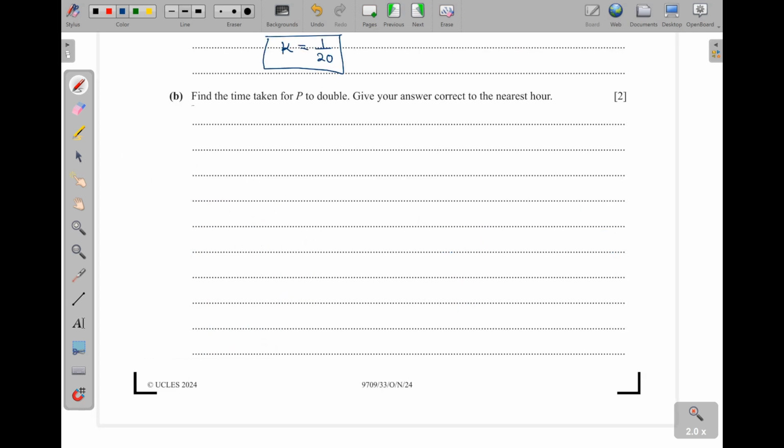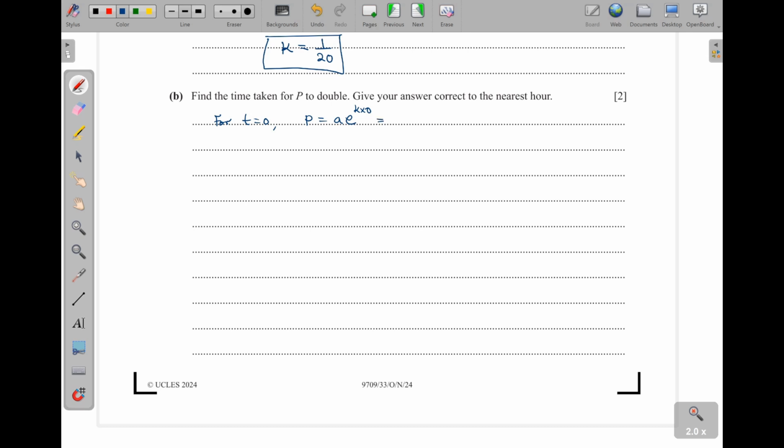Part B. Find the time taken for p to double. Give your answer correct to the nearest hour. Now, if p doubles, then the initial value of p is multiplied by 2. So for t equal to 0, we have p, which is equal to a, then e power k times 0, because remember it was kt.